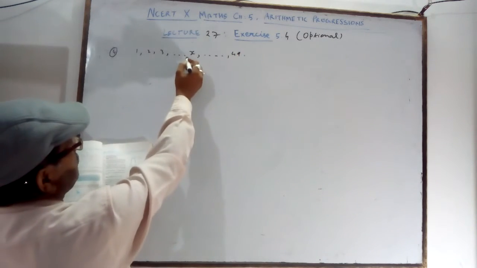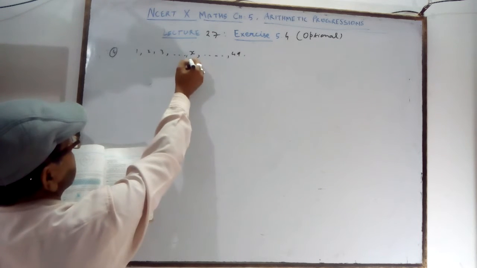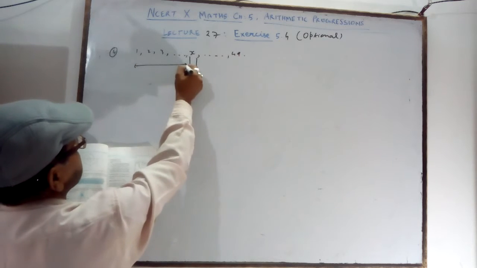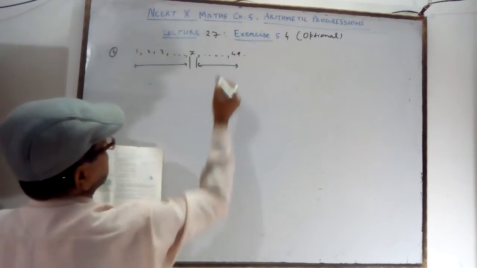You want to find the sum of the first house numbers, and the sum of this is equal to the sum of this.